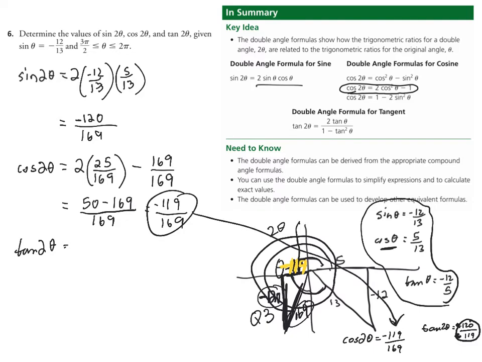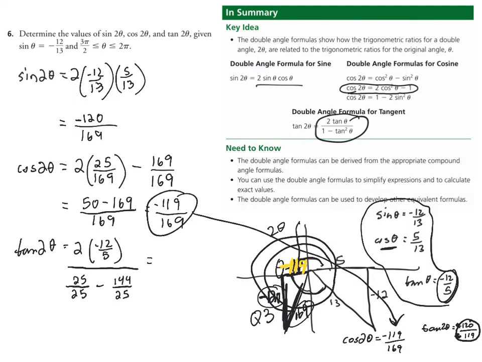All right, tan of 2 theta. There we go. So the top is going to be 2 times tan theta. Tan theta is negative 12 over 5, divided by 1 minus tan squared theta, but I'm going to get a common denominator here. So negative 12 squared is 144 over 5 squared, which is 25. So here I'm just going to do 25 over 25 instead of putting a 1, so I have my common denominator.